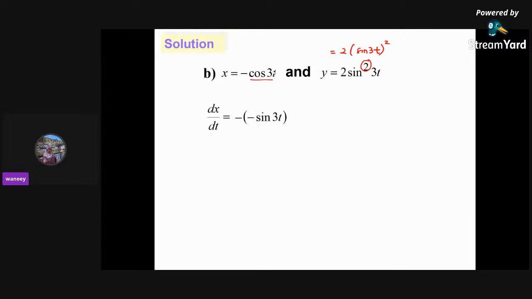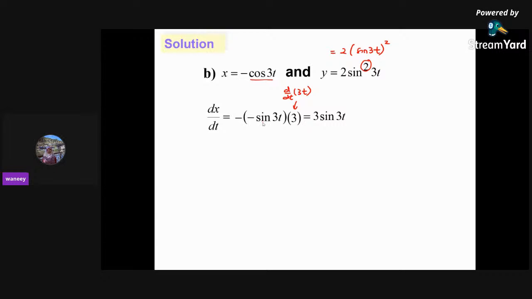So negative sine 3t, and then differentiating 3t, it will become 3. Differentiate cos, we get this, and this actually comes from d over dt of 3t. Of course, you can easily simplify them. So negative is positive, positive times 3 is 3. So we got 3 sine 3t.